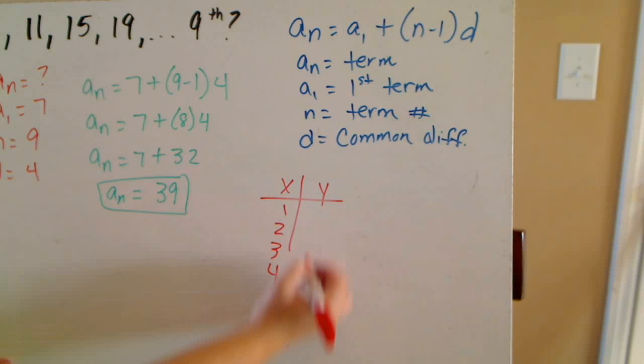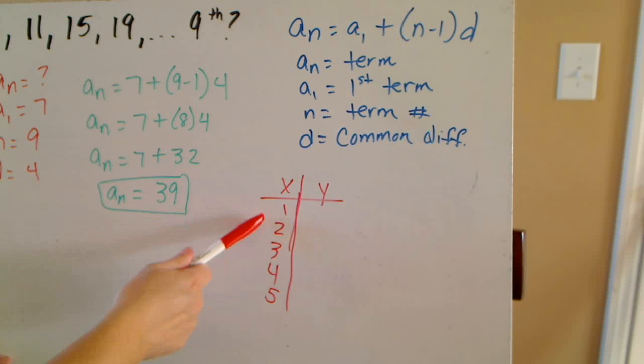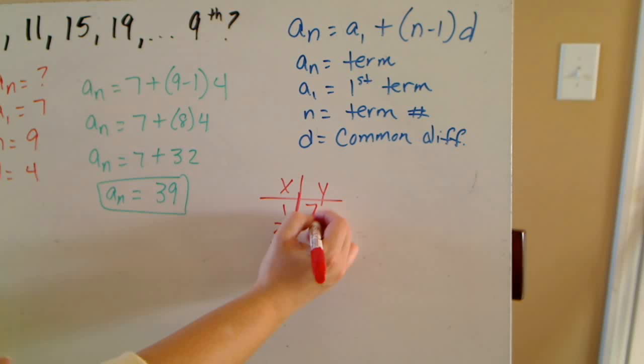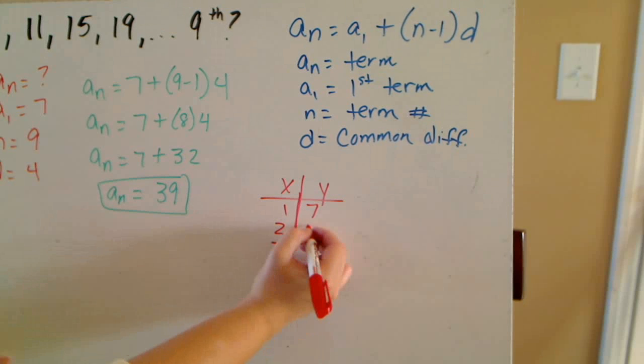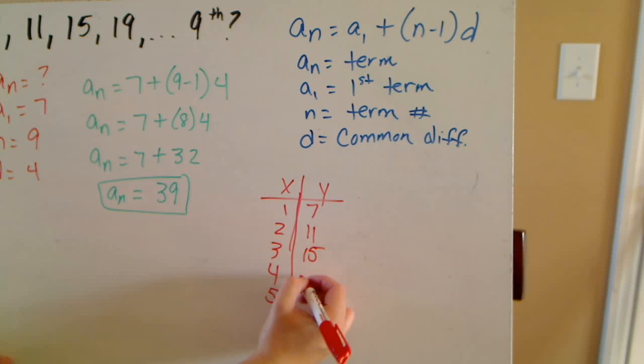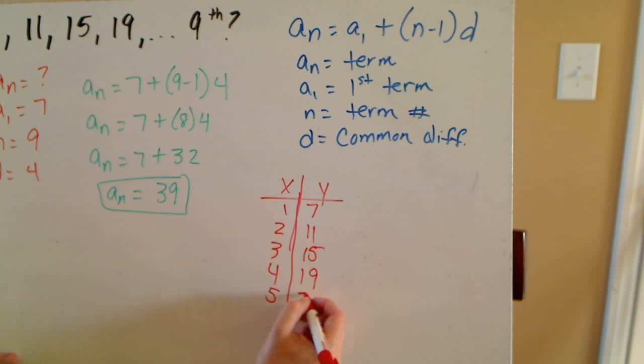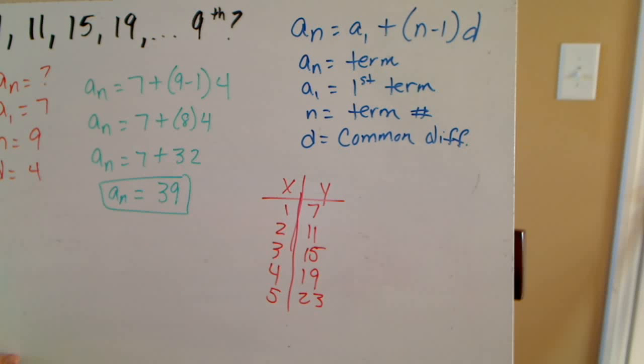We'll go ahead and go to 5. Our y is what the actual term is. So in this sequence, our first term is 7. Second term is 11. Third is 15. Fourth is 19. And then 19 plus 4 is 23. So our fifth term is 23.